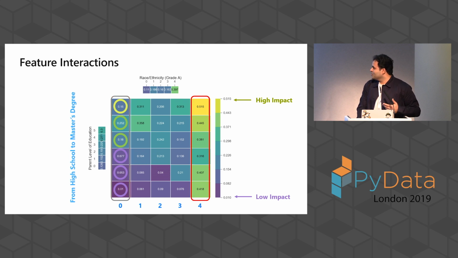But what's going on with group 4 here? You can see that a parent with a high school degree has just as much impact as a parent with a bachelor's degree. And this sort of exposes 4 different problems. There could be like 4 different problems here. One is that partial dependence plots don't work very well when the features are highly correlated.